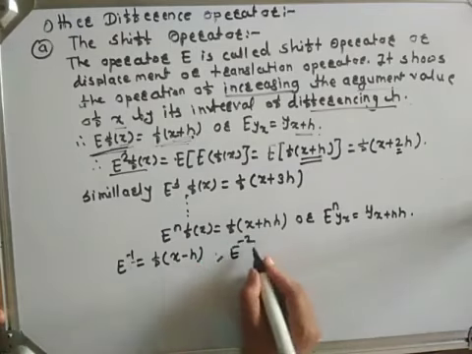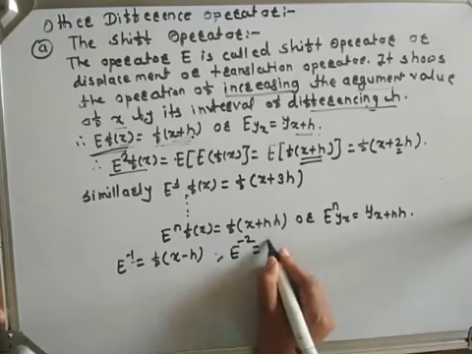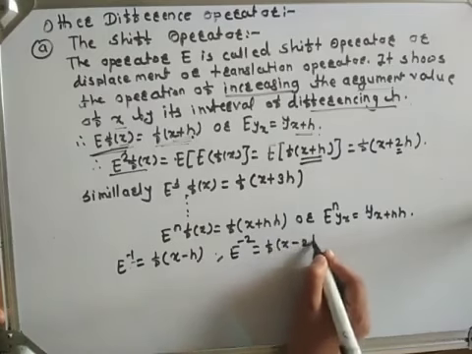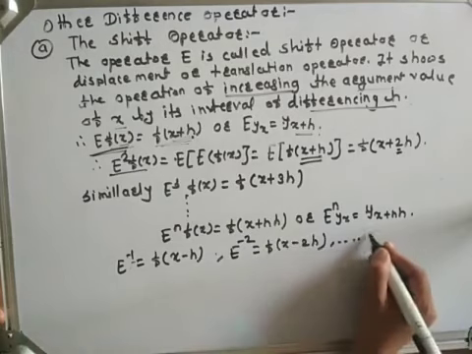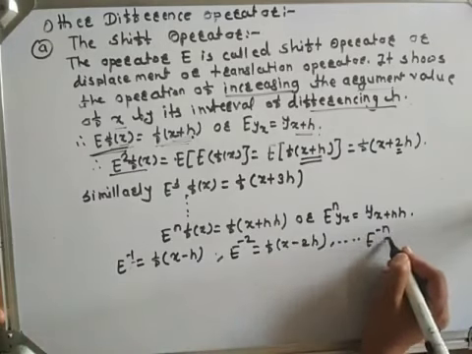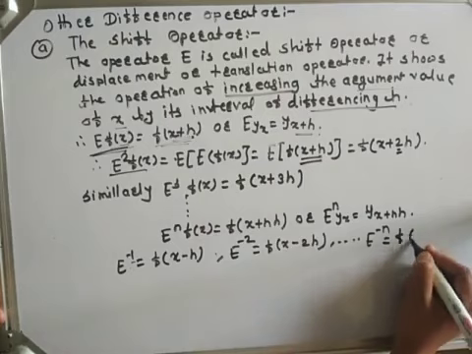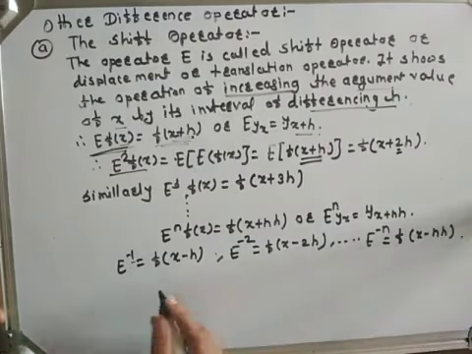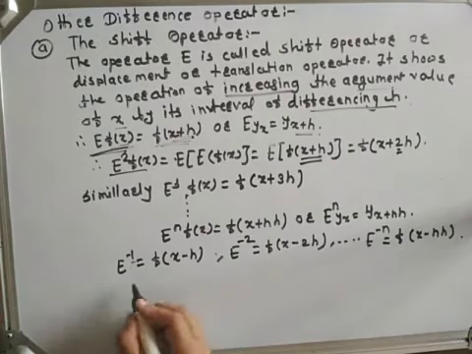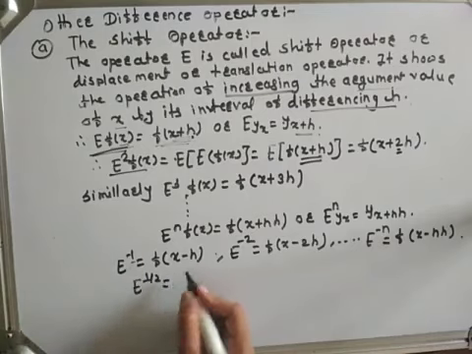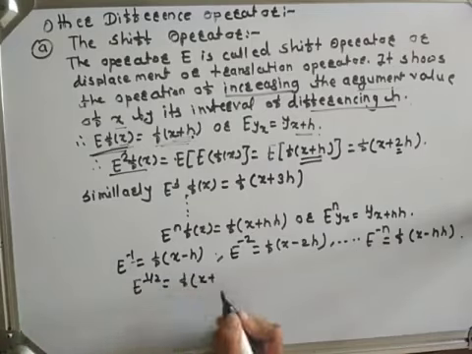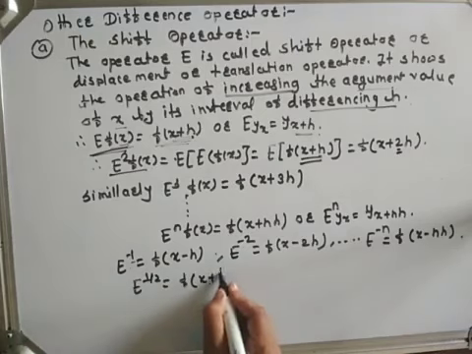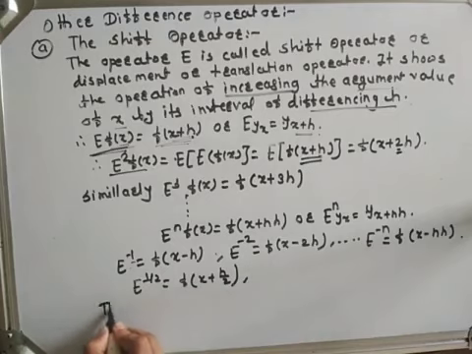E raised to minus 2 is equal to f of x minus 2h, and so on up to E raised to minus n is equal to f of x minus nh. E raised to 1 by 2 is equal to f of x plus h by 2.